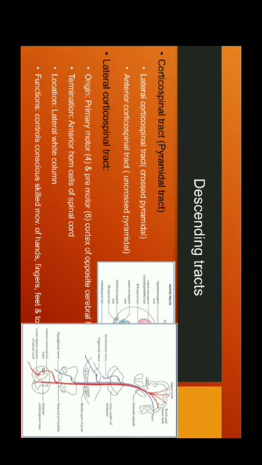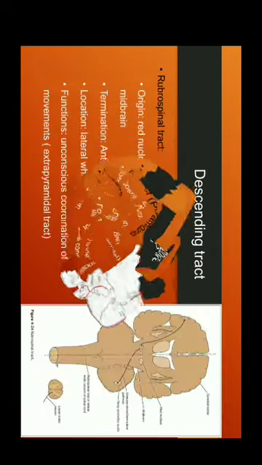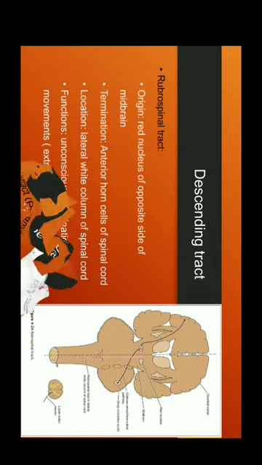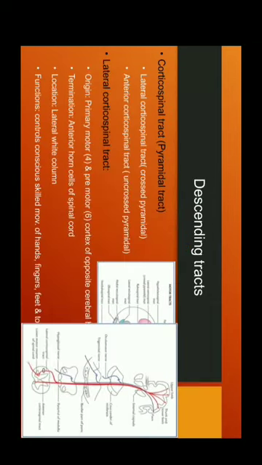So a lesion anywhere above, either in the medulla, pons, midbrain, or somewhere in the cerebrum, will be the upper motor neuron type of lesion. And a lesion at the anterior horn cells, or after that, or in the peripheral nerves, will be called a lower motor neuron type of lesion.